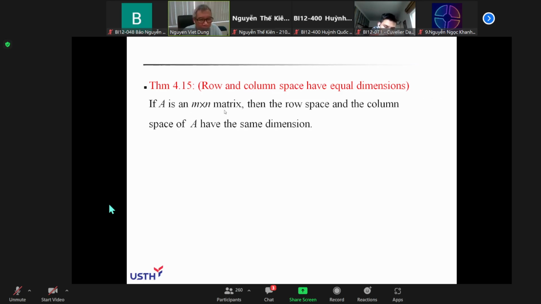If A is an m by n matrix, then the row space and the column space of A always have the same dimension. Means we can write here: the dimension of the row space and the dimension of the column space are the same.